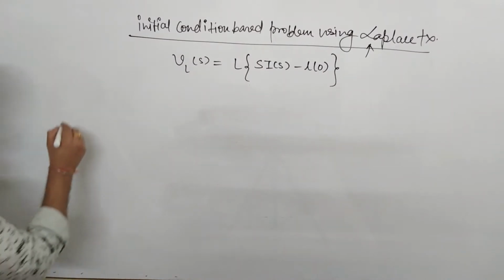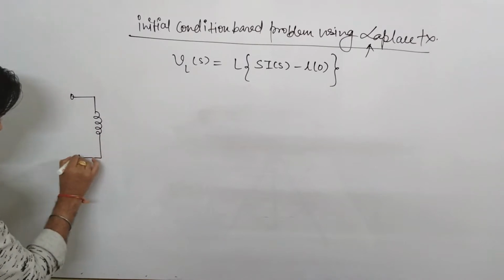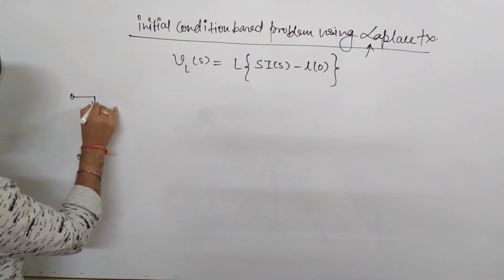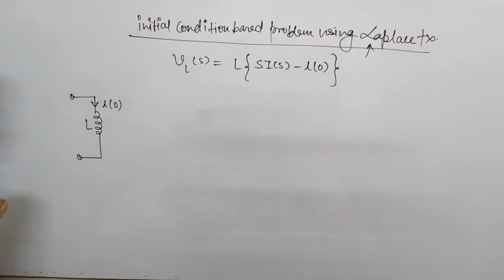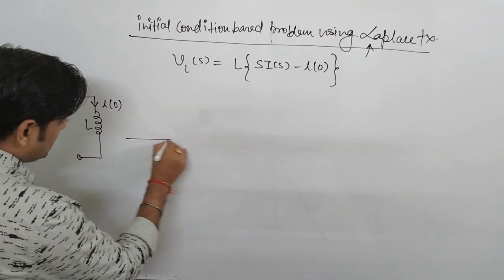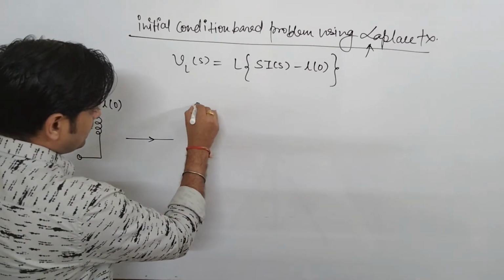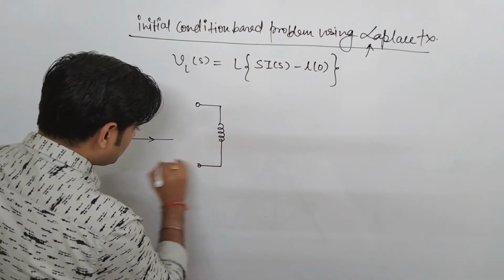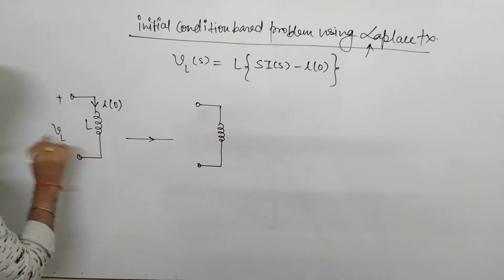So that means if the inductor is in this form, say this is L, and some initial current I0 is flowing, when you convert into Laplace, what will happen? This inductor will be represented in this form. For the time being, let's consider some voltage here as VL.